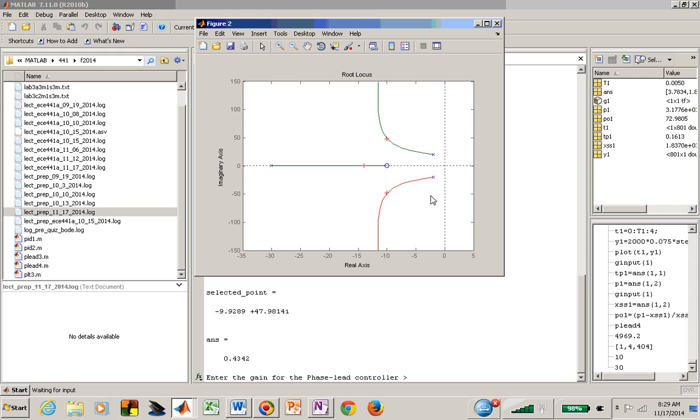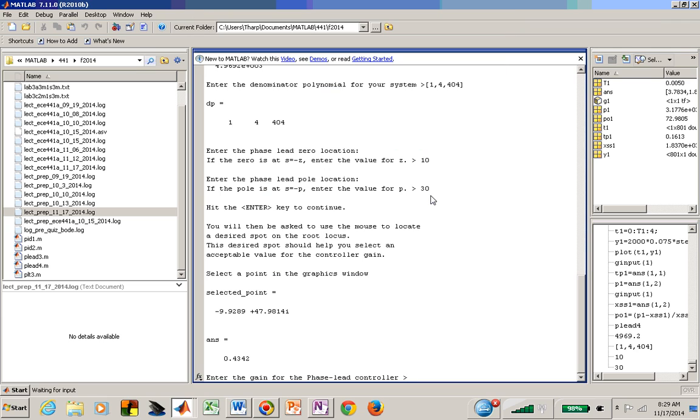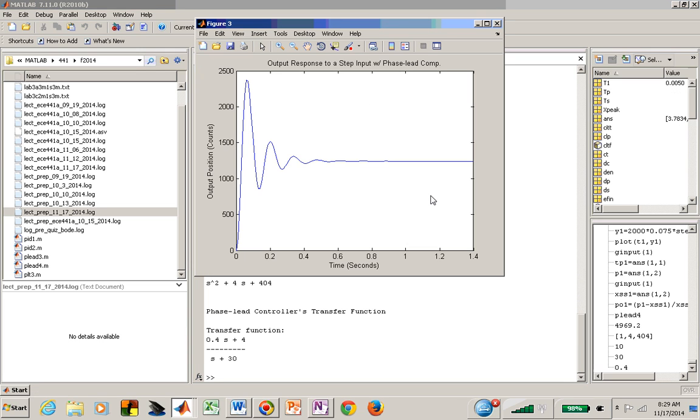Okay, but this is a phase lead controller. Now it says, if you weren't real happy with that gain, or if you were, just pick a gain for this controller. Let's say that I pick a gain of 0.4, just for grins. It's close to what I found from that design.